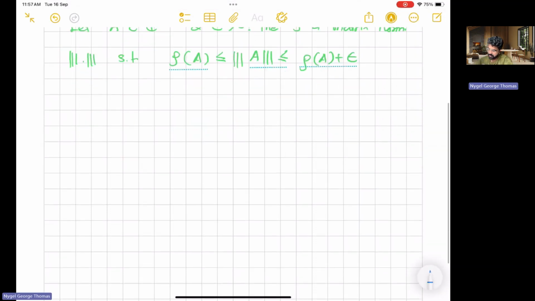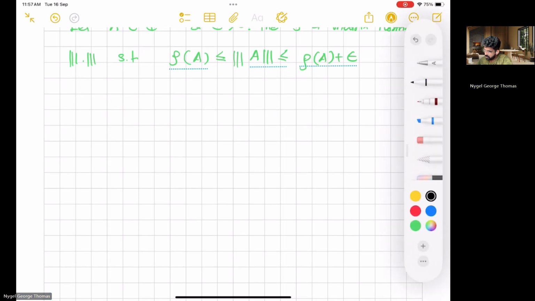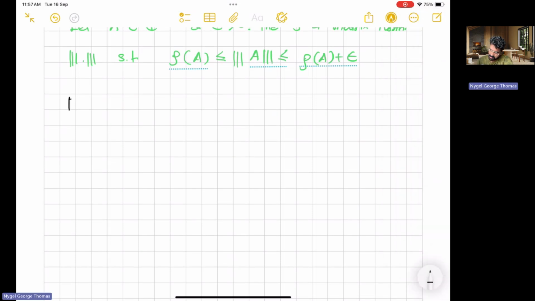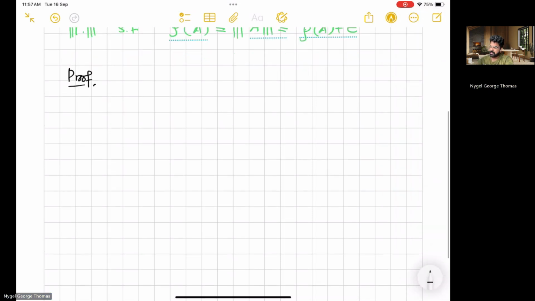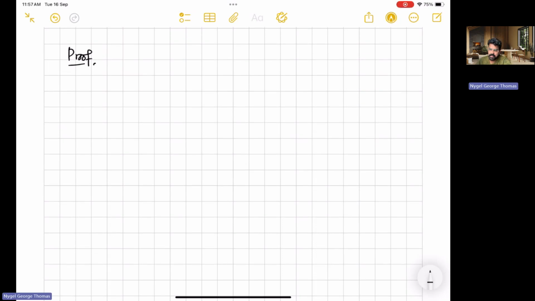To prove this, we have to use something like the Schur triangularization theorem, which we'll discuss in detail later.